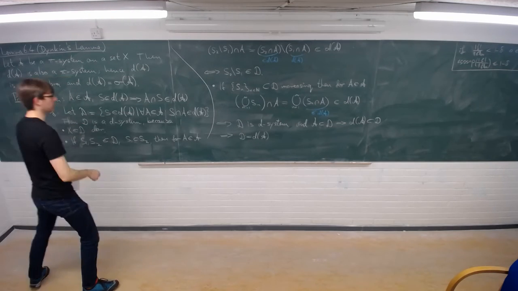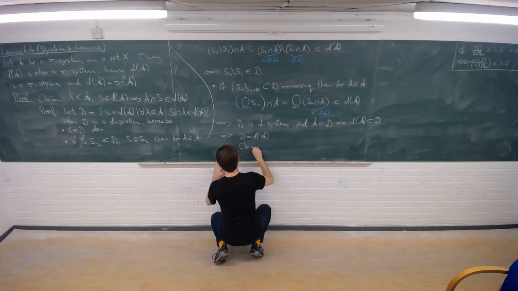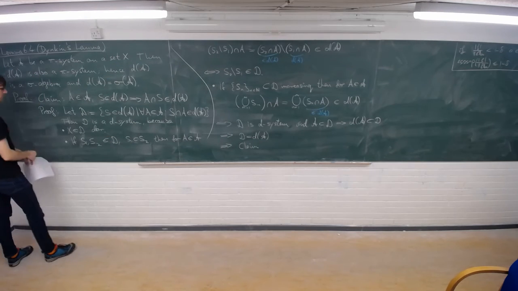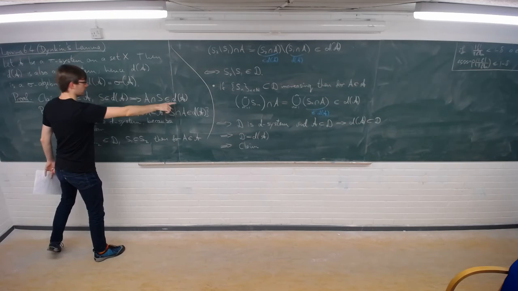And this proves the claim. Because D being equal to D of A is precisely this implication here, right?